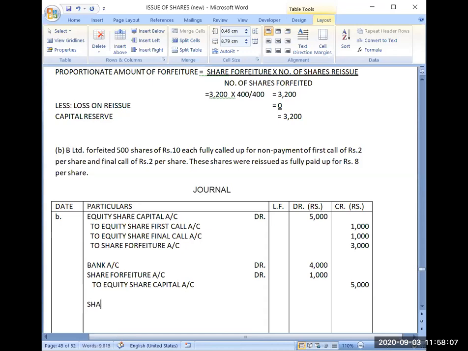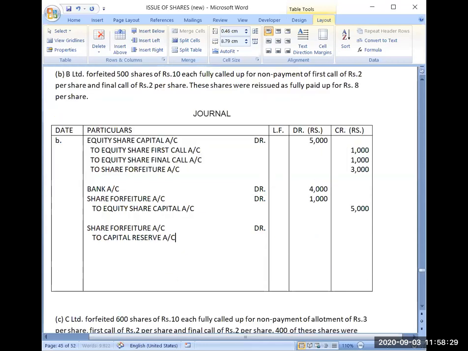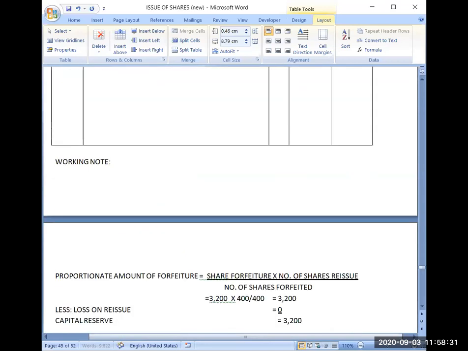Now the amount which remains in share forfeiture account, that will be transferred to capital reserve. To capital reserve account. So now first I have to make the working note again.